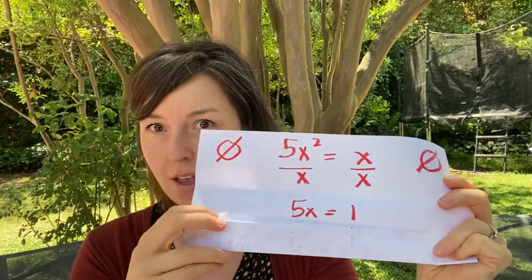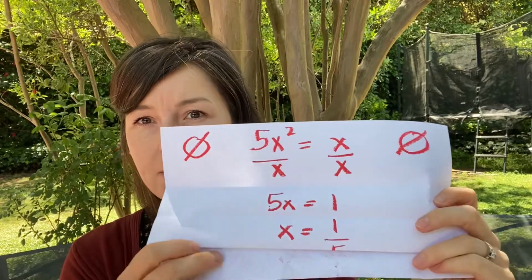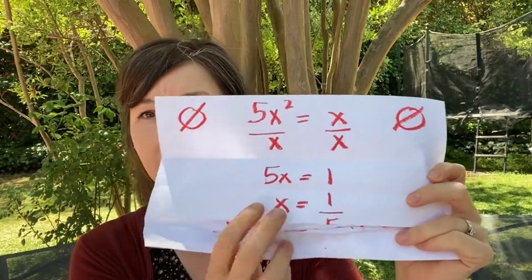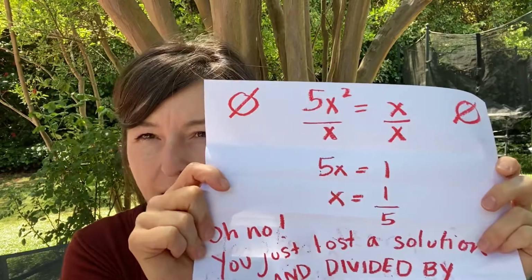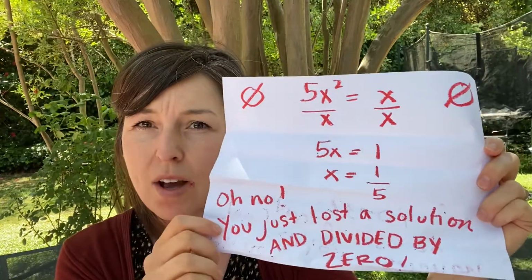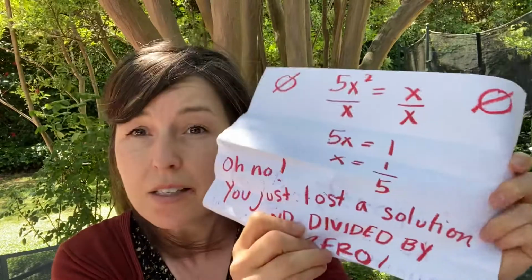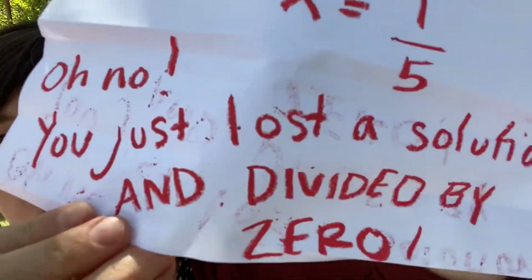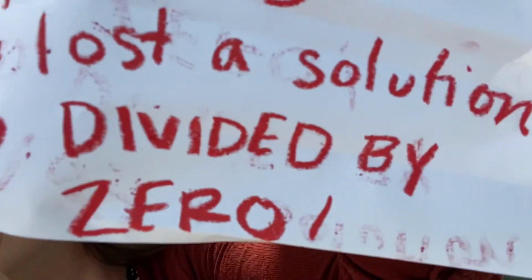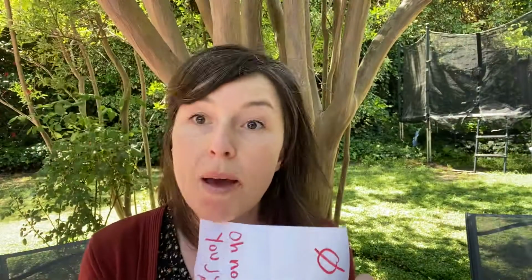No. And then divide both sides by 5 and get 1/5. Oh no! You just lost a solution, and even worse than that, you divided by 0, which in math we know we can never, ever do.